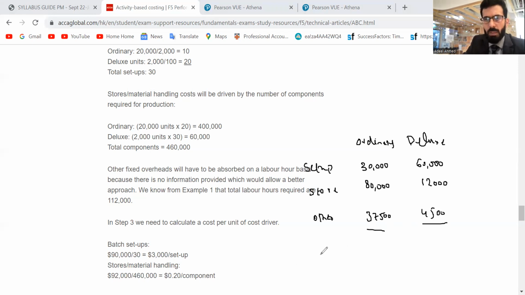Now we can calculate the total amount of overheads respectively for each of these products.